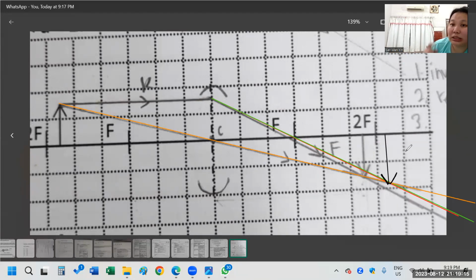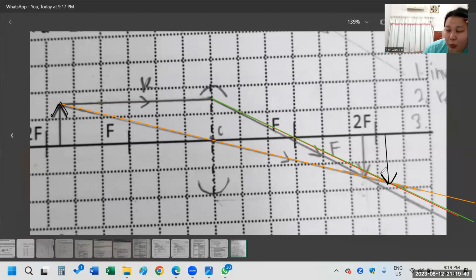Why must the drawing be very accurate? Because if the angle differs by 1 degree, it will change the results. Actually, it's behind 2F, here on this line. See? The light comes from the tip.